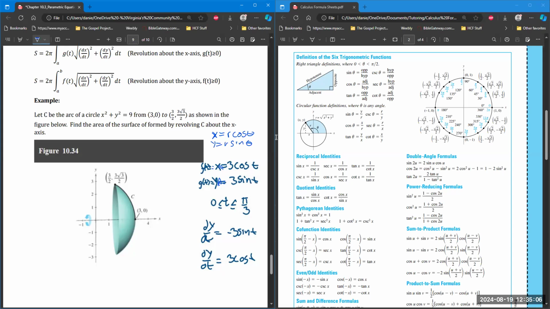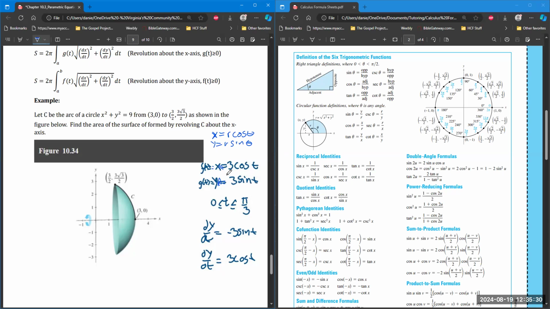For SOHCAHTOA, you just multiply by the denominators there. So y is equal to r sine theta, and x is equal to r cosine theta. And we can parameterize the curve that way, just replacing the thetas with t's right now.